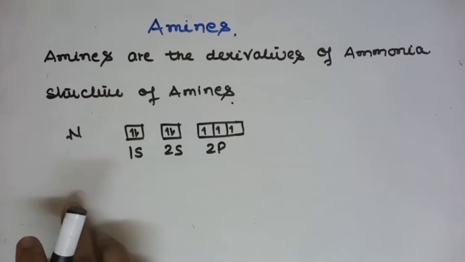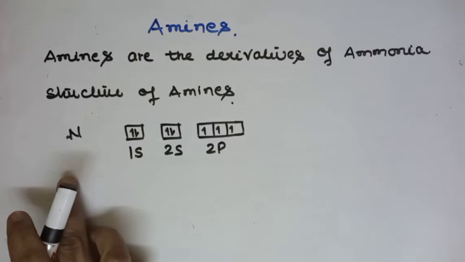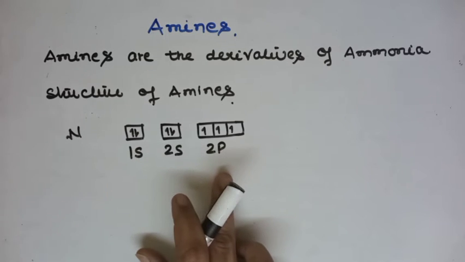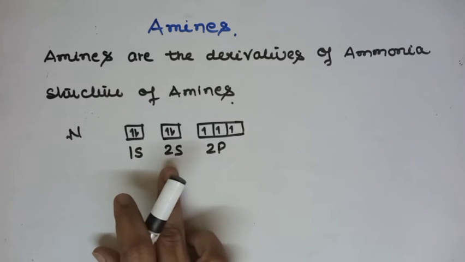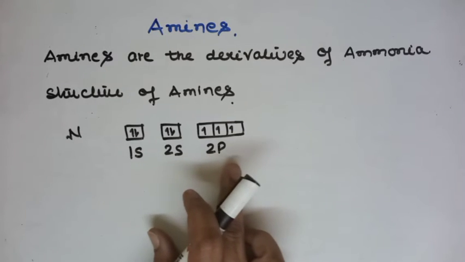And now we'll study the structure of amines. In amines, primary, secondary or tertiary, in all the cases the nitrogen atom has the configuration 1s2, 2s2, 2p3. It has two paired electrons in the 2s orbital and three unpaired electrons in the 2p orbital.